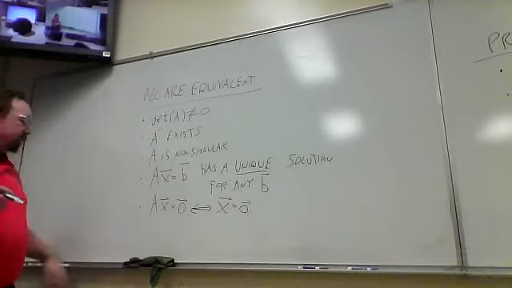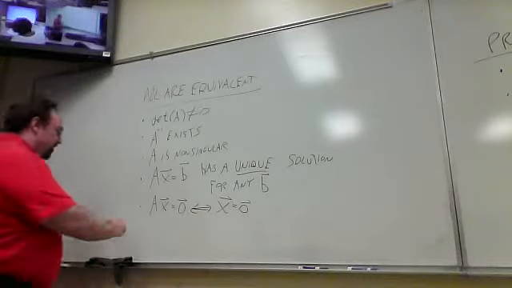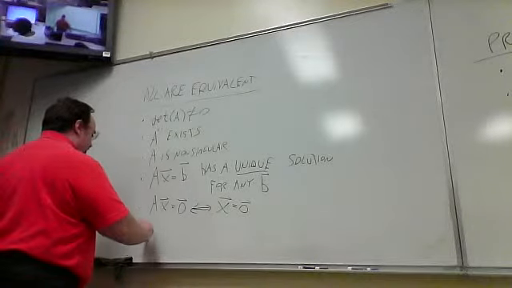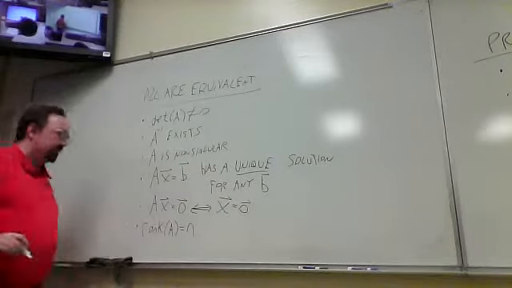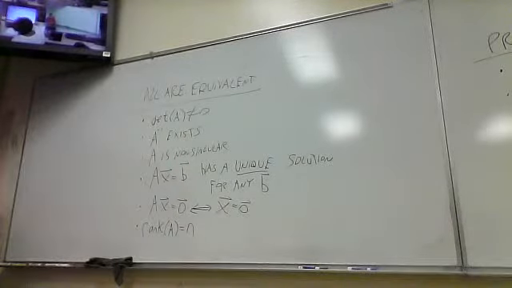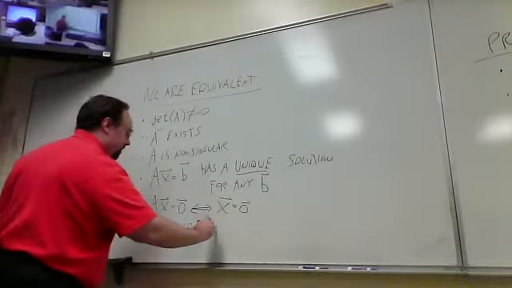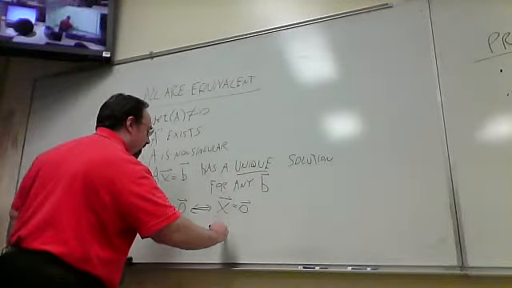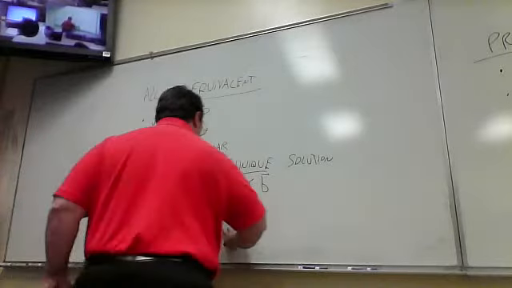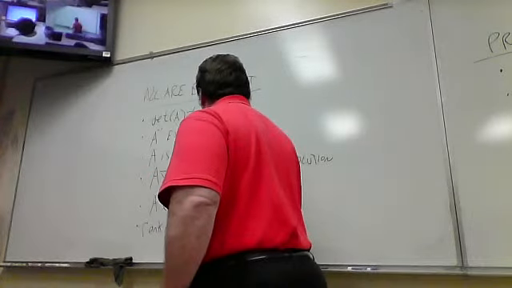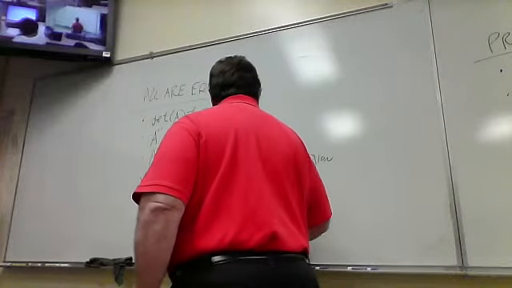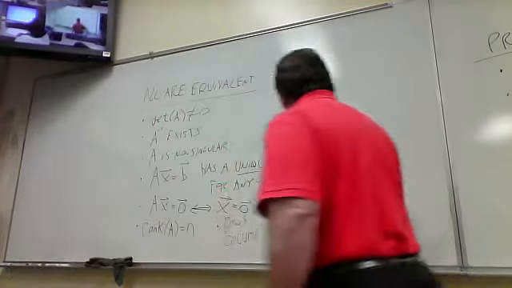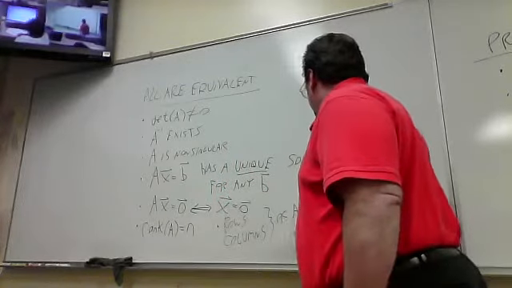Other conditions that are equivalent to these is that the rank of A is equal to n. That is equivalent to saying that either the rows or the columns, so either one, are linearly independent.